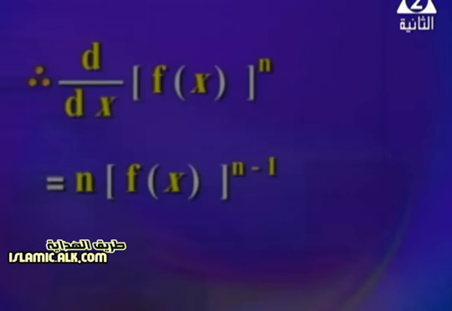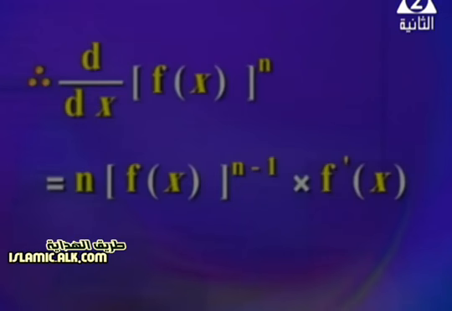Dear student, remember, if we have a function to the power n, what is the differentiation? We find n times f of x to the power n minus 1, times the differentiation of the inside bracket, f dash x.